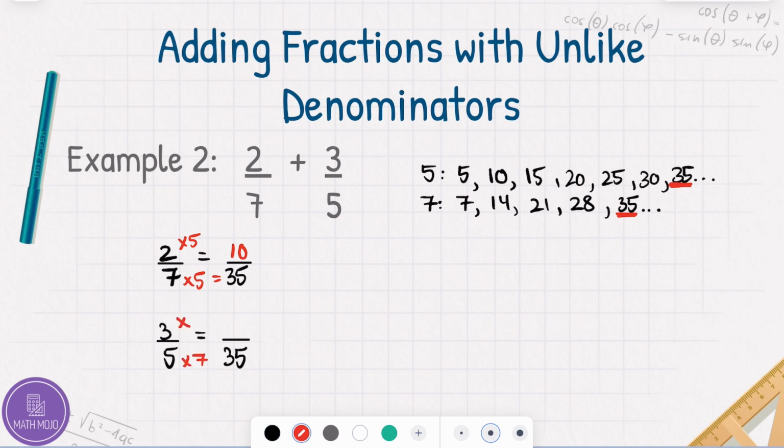So we're going to multiply our numerator also by 7, which gives us 21. Now we just have to add our fractions straight through. So our new question is 10 over 35 plus 21 over 35. And this is going to give us 31 over 35, and that is our final answer.